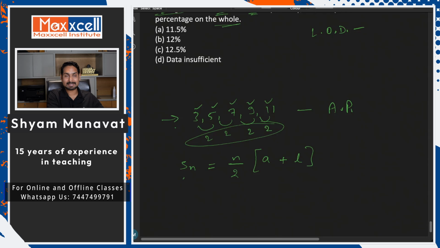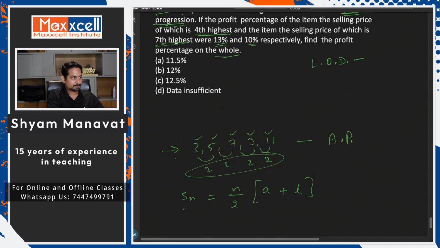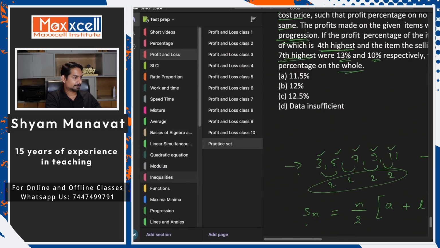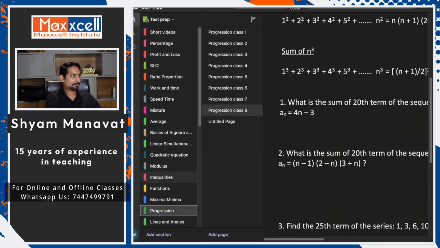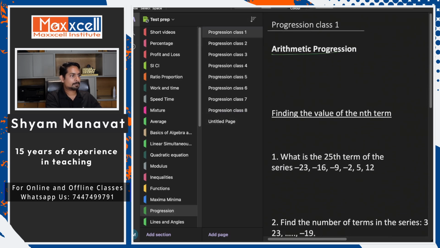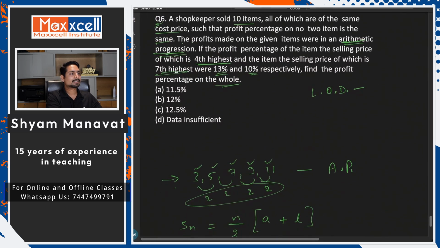I hope this concept is clear. Very easy concept it is. We are going to discuss arithmetic progression in detail in the progression chapter, progression class 1, concept builder. We'll discuss that later. Let's come back to the profit and loss question.